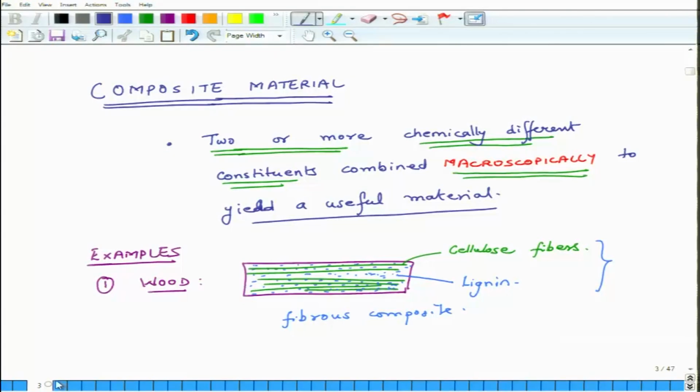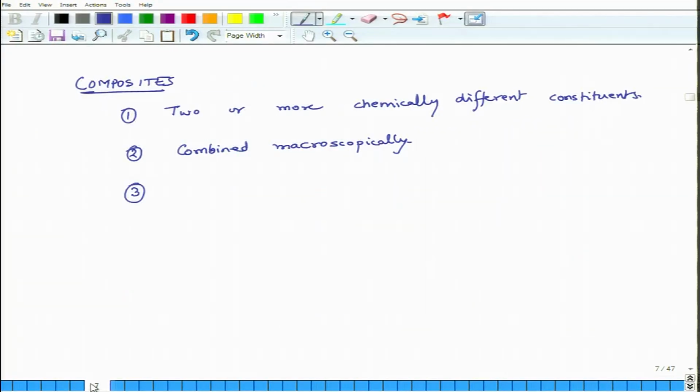Now, what that implies is that the properties of the final product should be significantly different than that of the constituents. If it is the same as the constituents, then there is no new useful material, right.